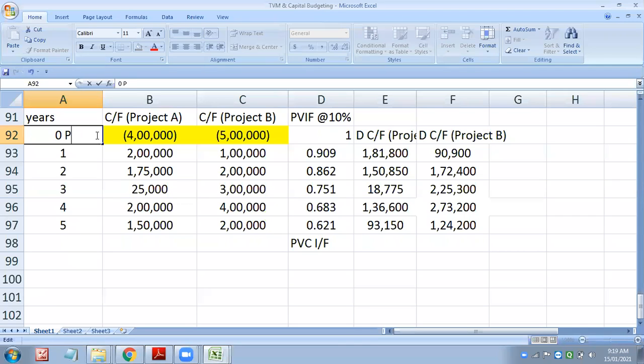And this is my present value of cash outflow.